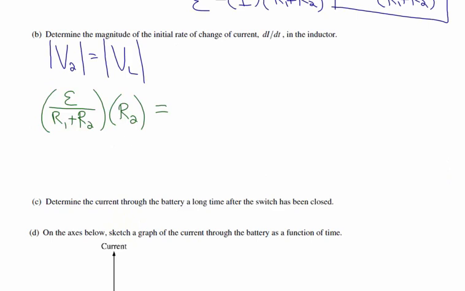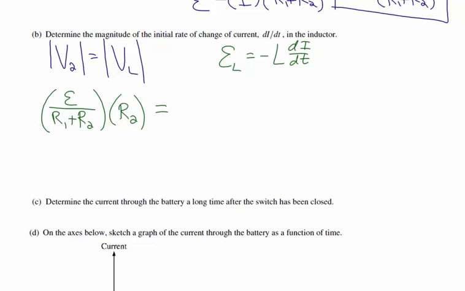The equation for the voltage across an inductor is given on the AP formula sheet. It says that the voltage across an inductor is negative L di/dt. We're not going to worry about the negative sign in this problem because we're just looking for the magnitude of the rate of change.